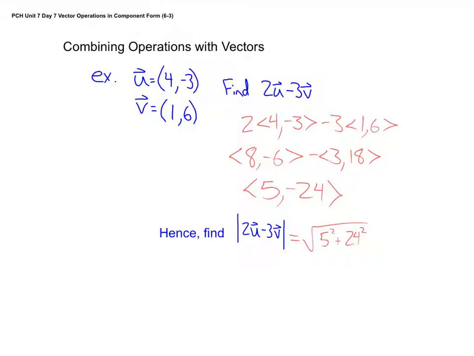Okay? So we have 25 plus 576. Wait, 20 times 28 would be 560, 576. Right? 24 squared.